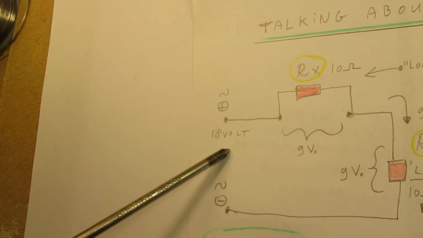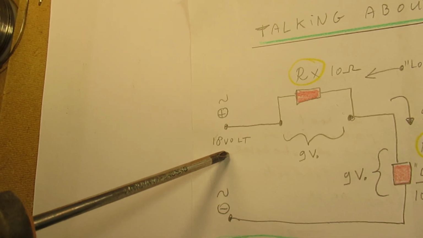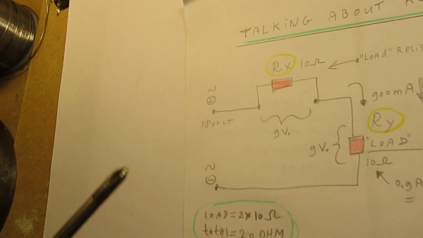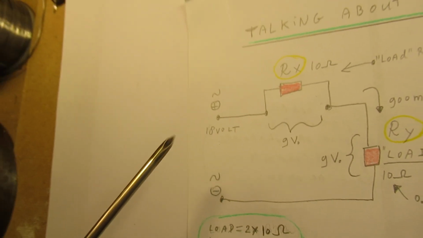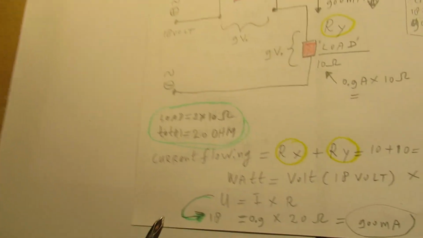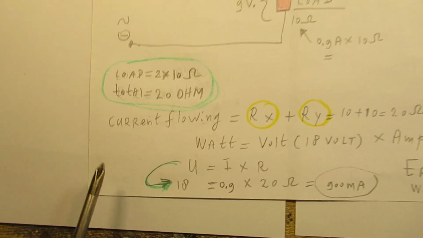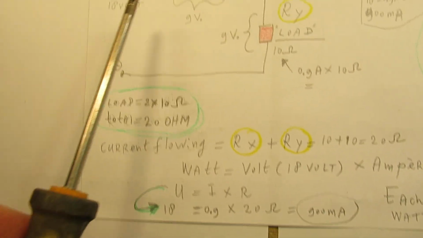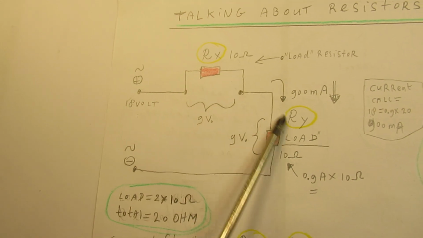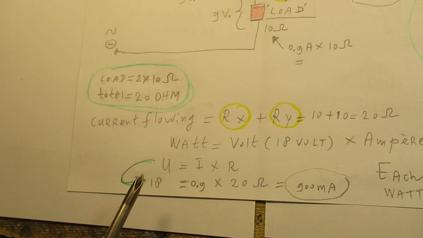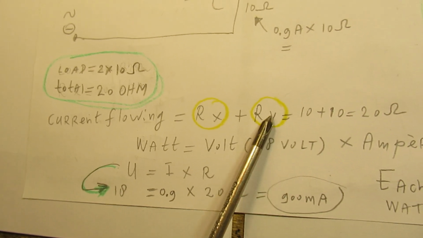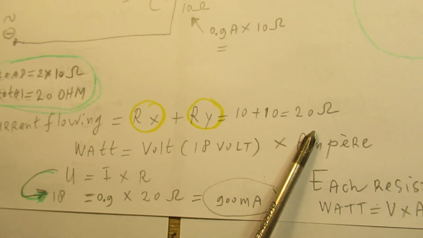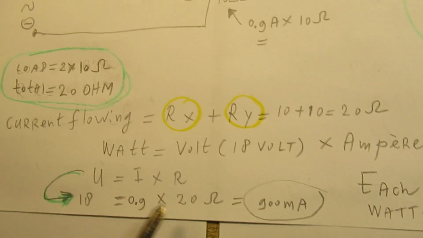Say we have here an endless current source, say 3 ampere, 10 ampere or so. The current flowing is of course depending on the two resistors that are here in series. So that's Rx plus Ri, 10 plus 10 is 20 ohms.